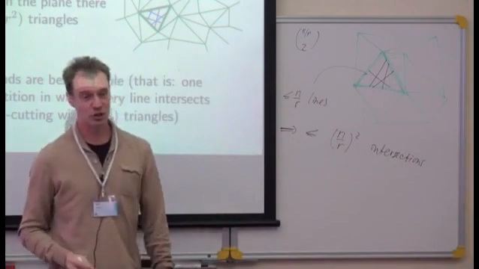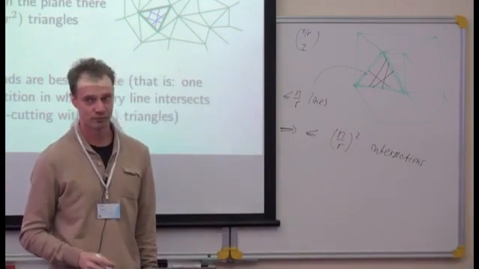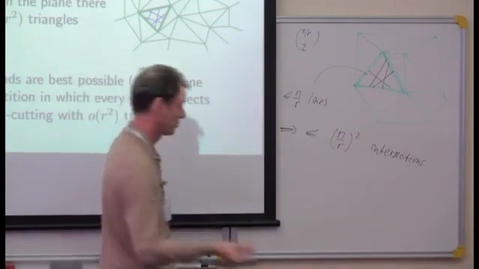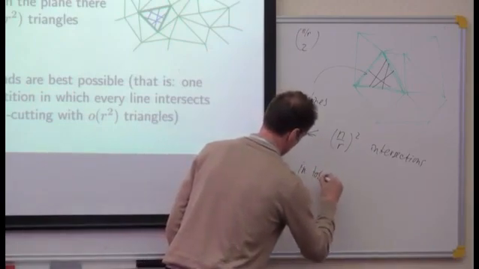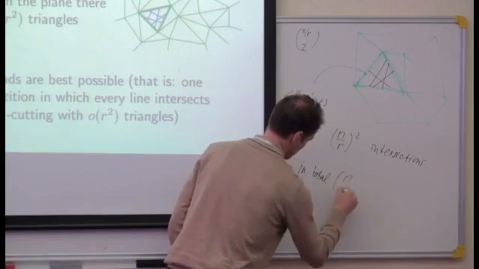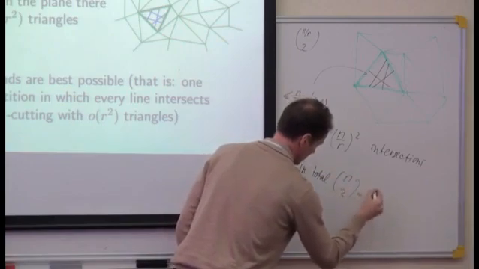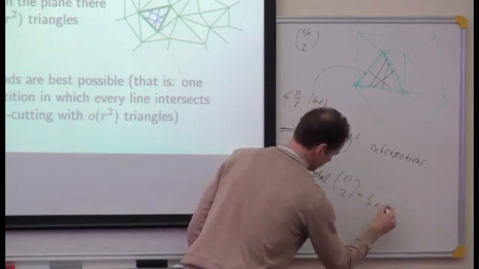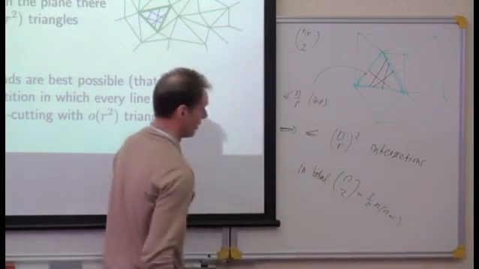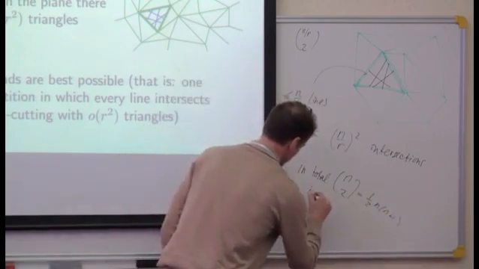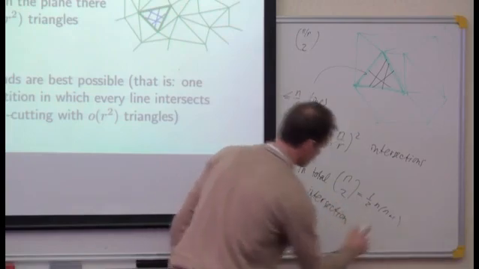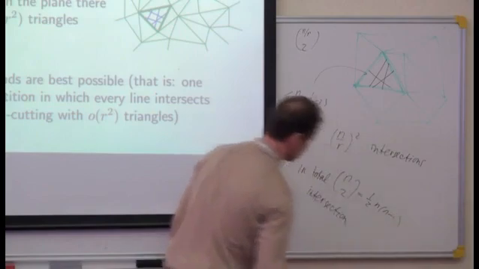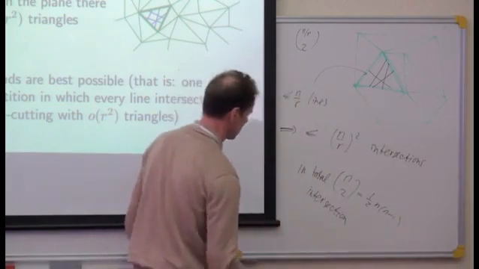How many intersections do I have in total? Well, n squared. So in total, n choose 2 intersections.